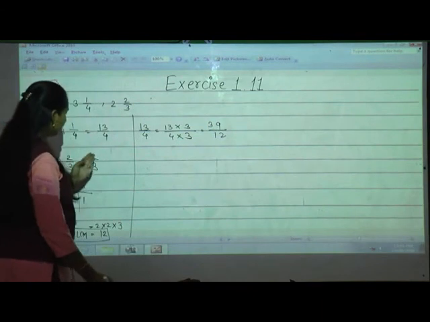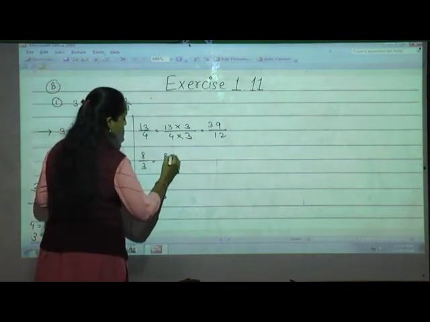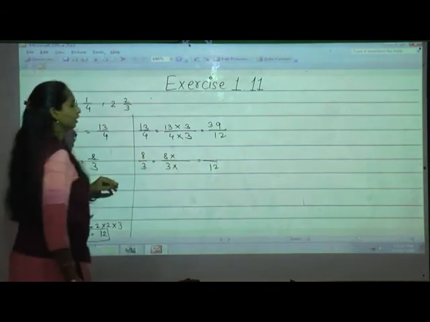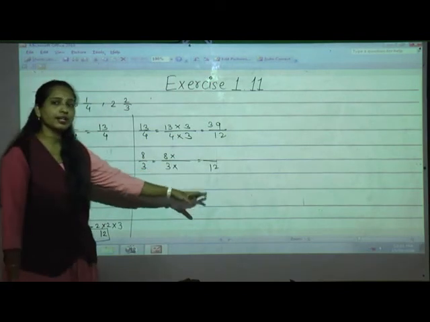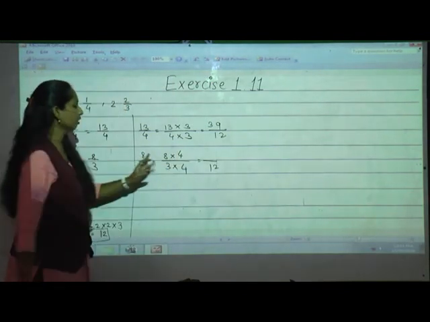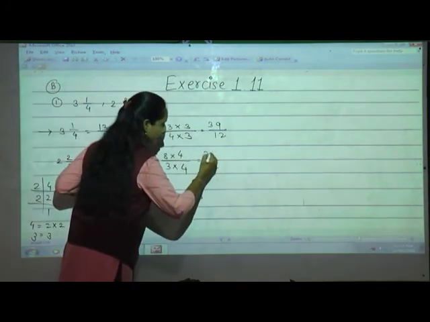Correct. Now the next number, 8 upon 3. What should come in the place of denominator? 12. 3 what's are 12? 3 4s are 12. So here also take 4. 8 4s are 32. So write here 32.